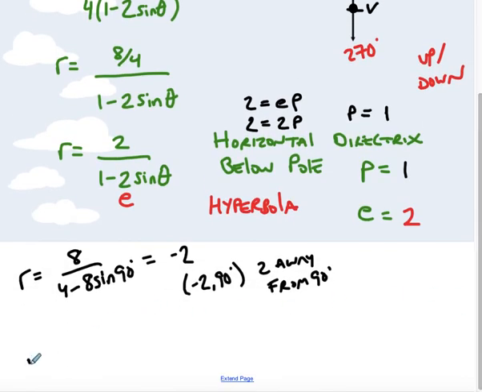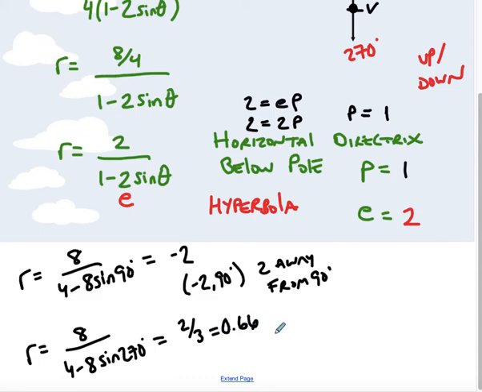And then we need to plug in 270. You can use your unit circle or your calculator, and you're going to get 2/3, or 0.66 repeating. So that means I have 2/3 towards 270 degrees.